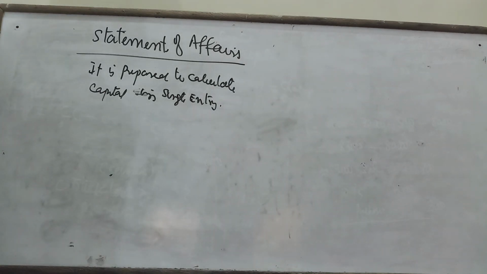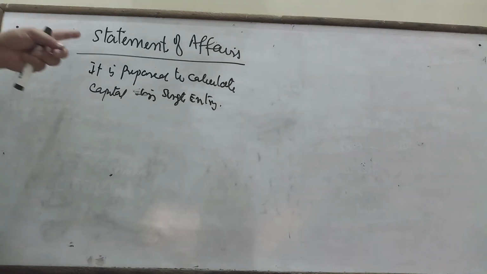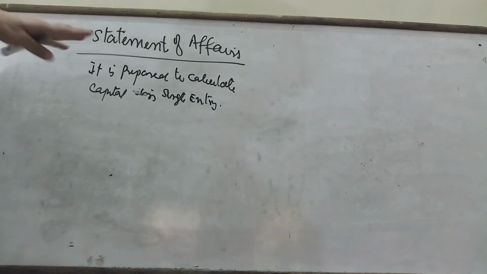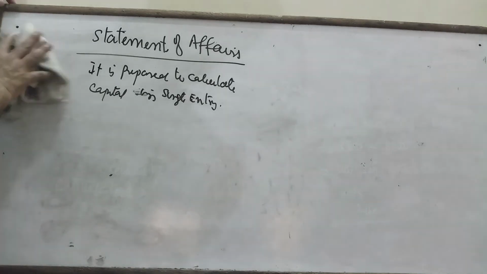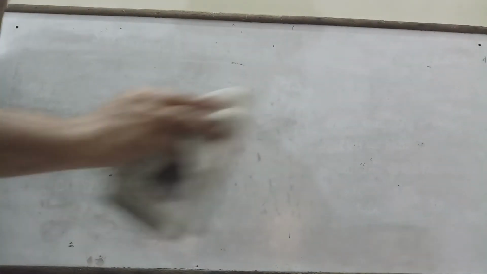In double entry we call it a balance sheet or statement of financial position. It is prepared to calculate capital. Otherwise I'll give the notes of the statement of affairs in note form, to read from there.